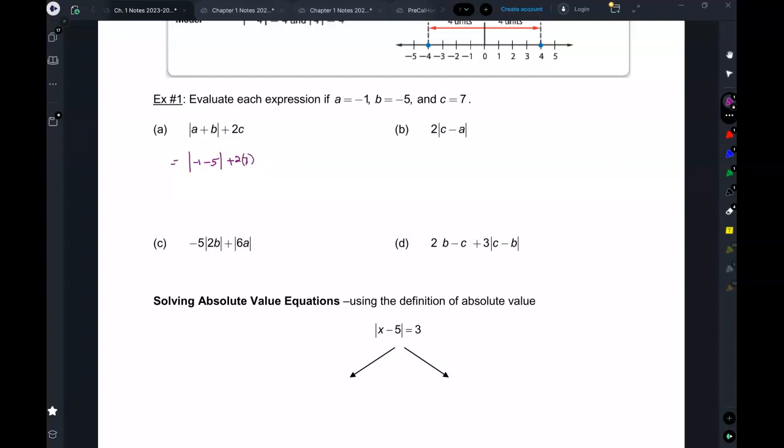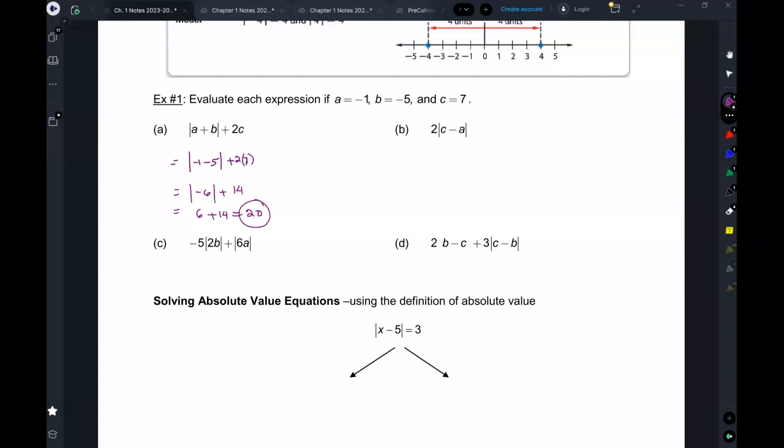All right. Okay, so here in the absolute value, I get -6 plus 14. This comes out of the absolute value as just 6 plus 14 equals 20.